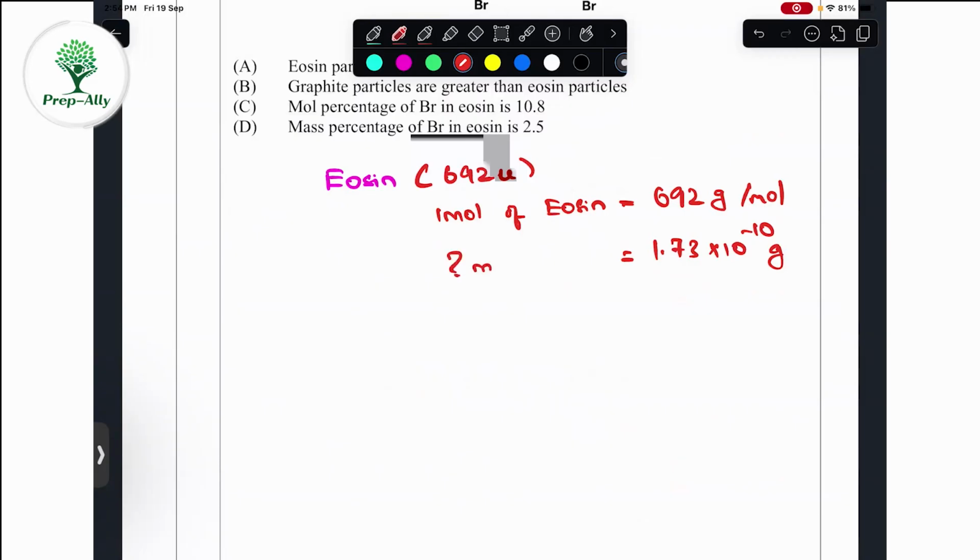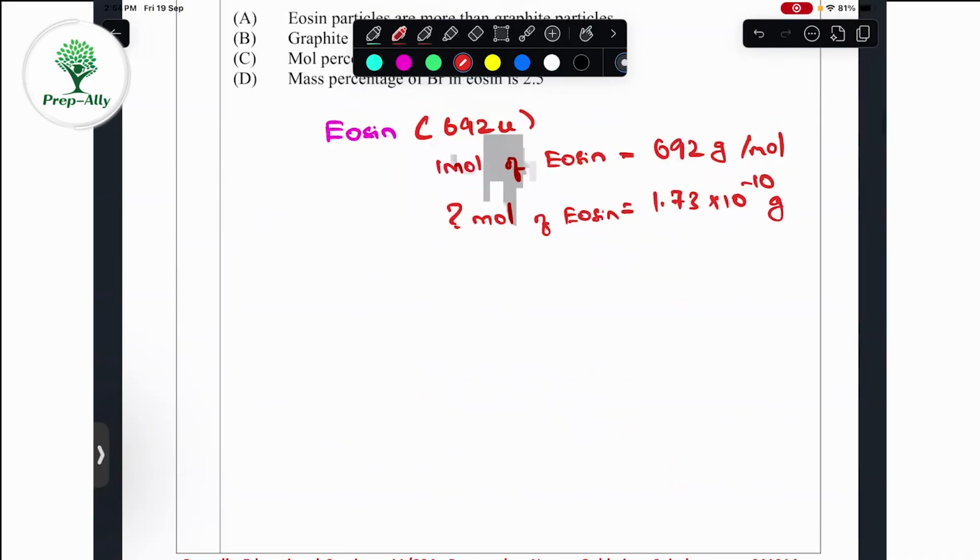So how many moles it will have? You have to find the moles. Moles is equal to given mass divided by molar mass.